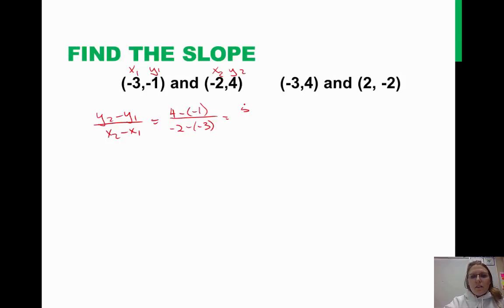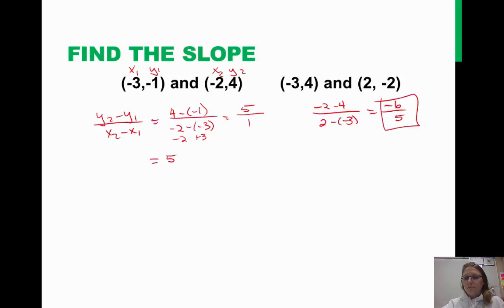So I have 5 on top because this negative and negative makes it a positive. I have a negative and negative here, so it's the same as saying negative 2 plus 3. This will be a 1. So in this case, my slope is 5. 5 divided by 1 is 5. I'm going to pause the video. I want you to take time to try the next 2 coordinates to find the slope between them. Okay, on these 2 points, we got a slope of negative 6 over 5.